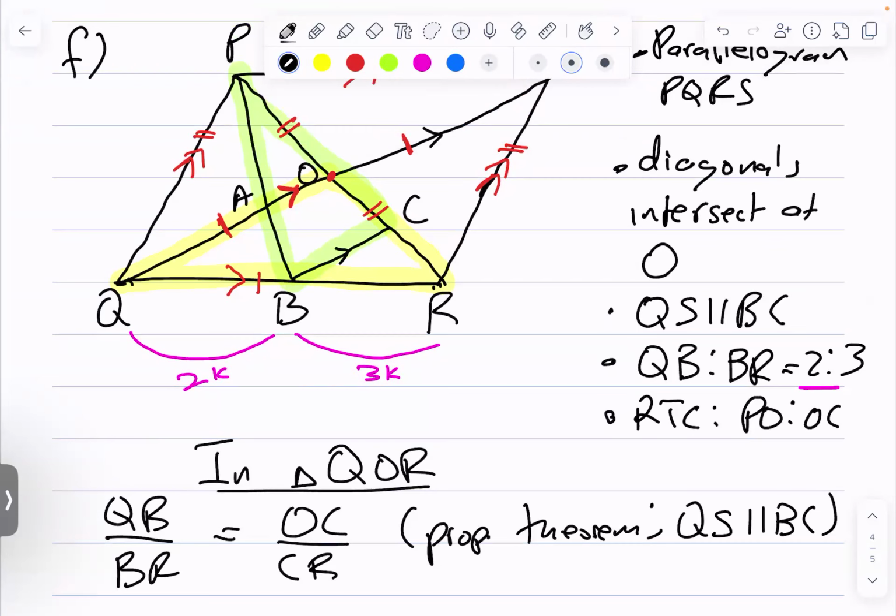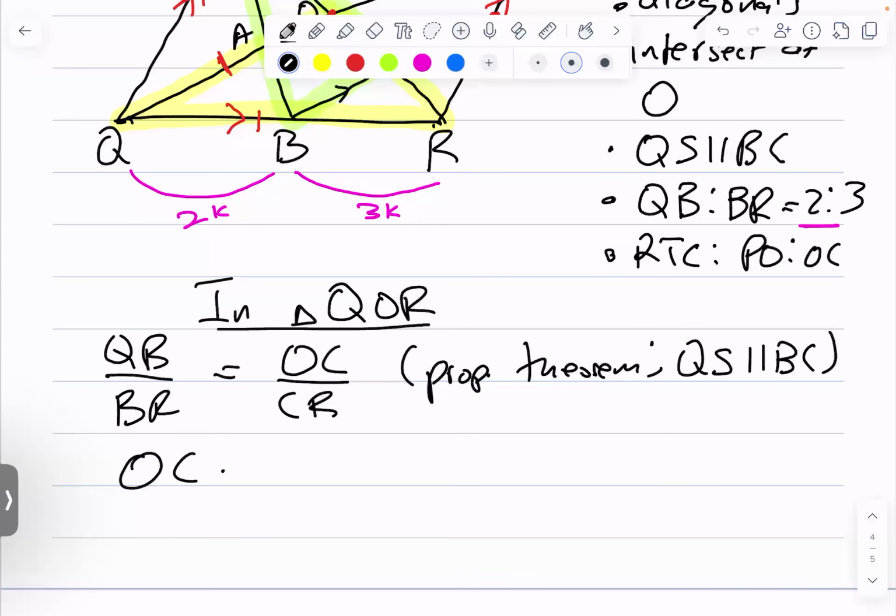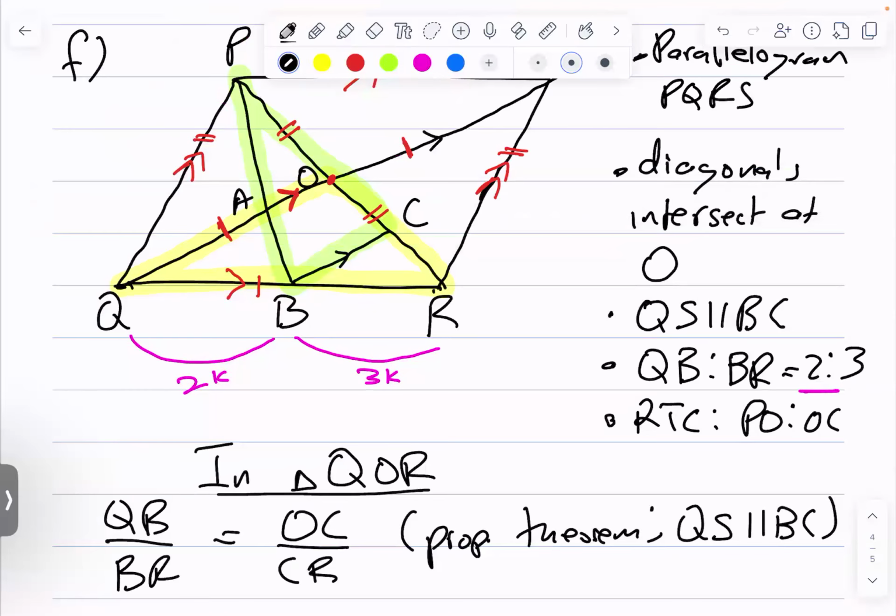Yes. Then I said OC is equal to 2P. OC, you are saying that it is equal to OP? Okay, OC is equal to OP. Ah, no, it is equal to 2P. Sorry, it is equal to 2P. Why? So you see, before you wrote the proportionality theorem, I had equated it to 2 over 3.